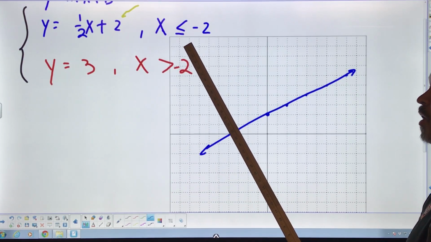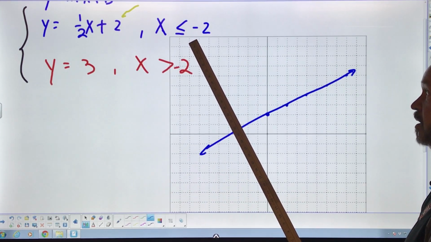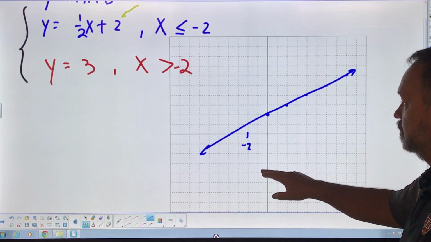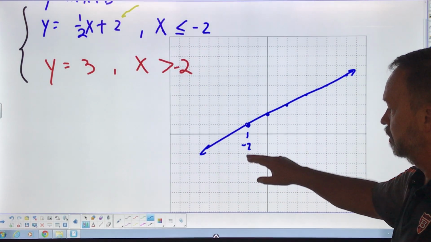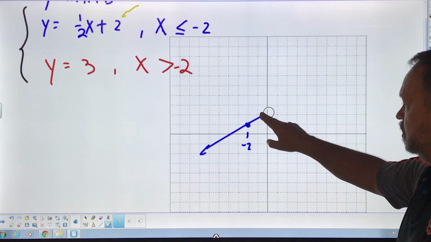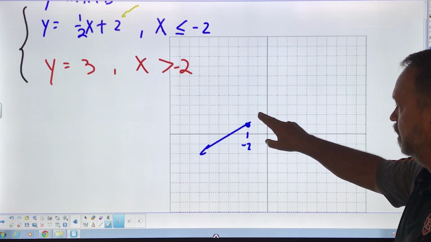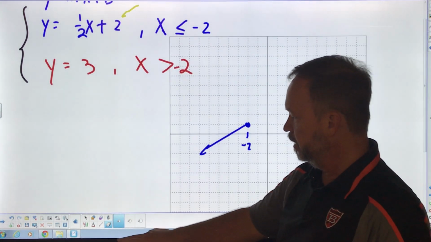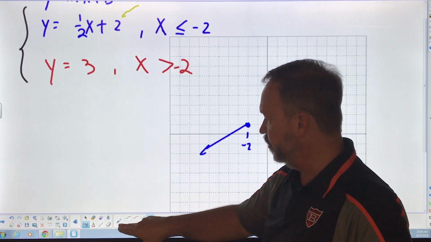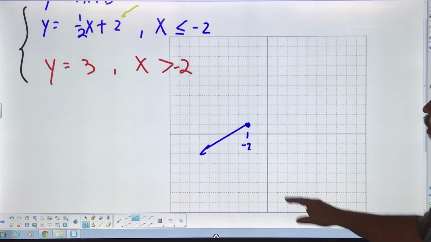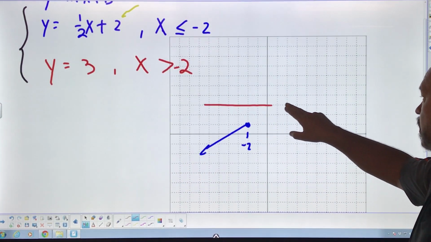But they tell us, oh, but it only exists when x is -2 and below. So in other words, none of this is there. Doesn't exist. Then this one says y is 3. Now you may or may not know, but y is 3 is here.